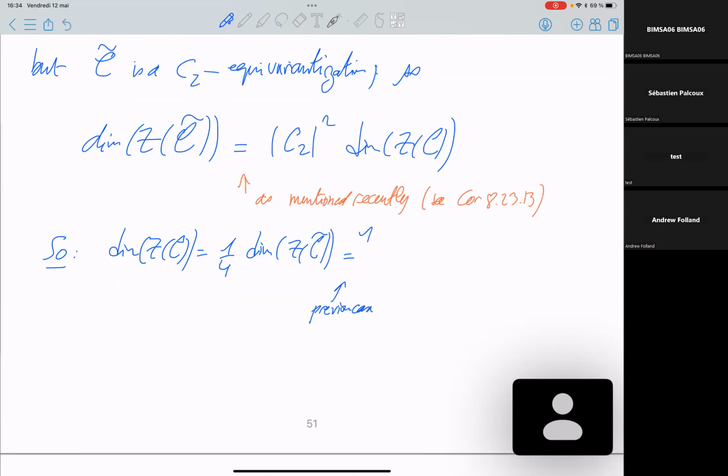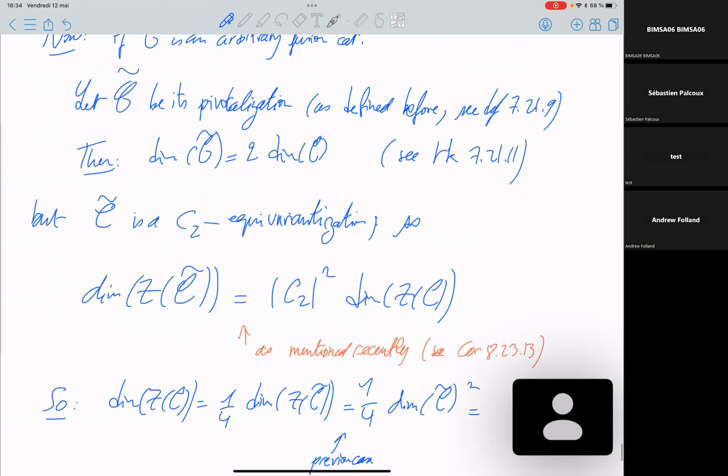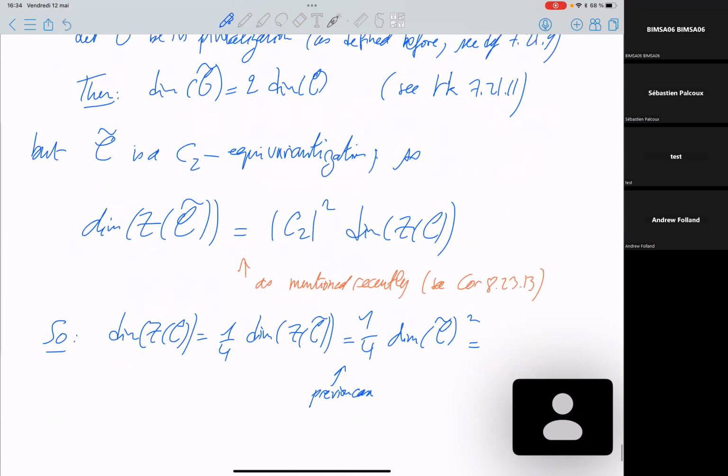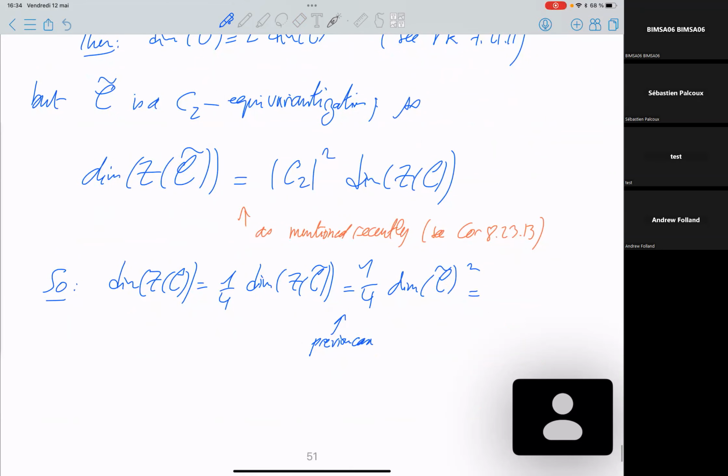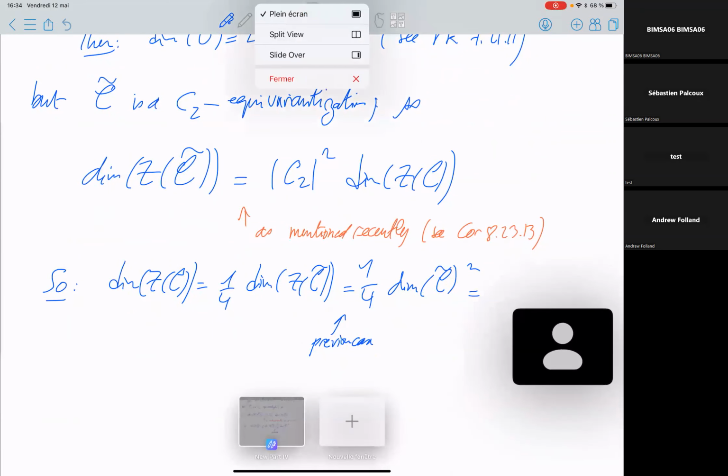We get the dimension of the pivotalization squared, and since the dimension of the pivotalization is the double, it is squared, so you multiply by 4.